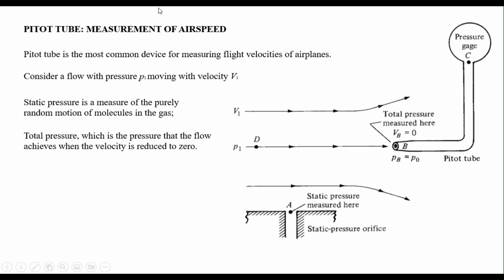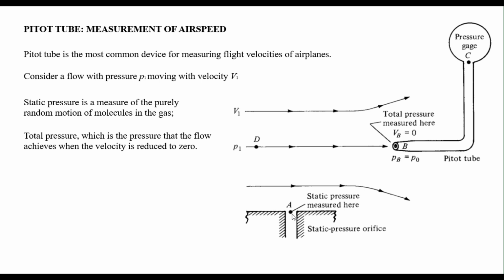The static pressure is a measure of the purely random motion of the molecules in the gas. When you consider a boundary of the flow such as a wall, there is a small hole drilled perpendicular to the surface. The plane of the hole is parallel to the flow, as shown here. In this case it is point A.